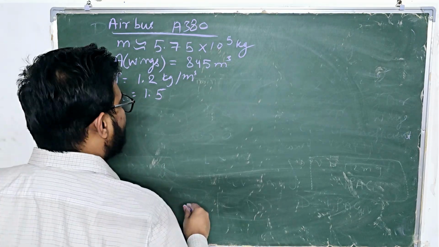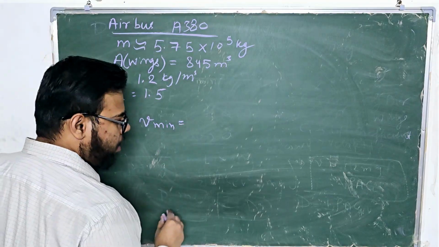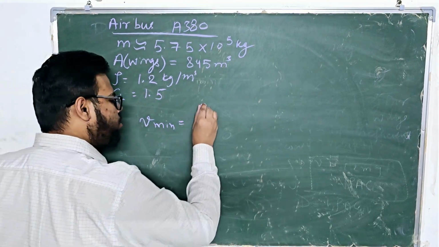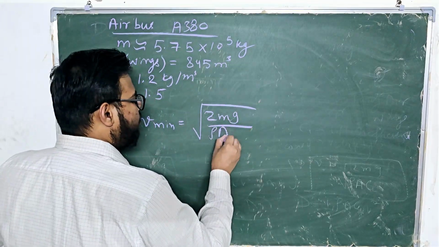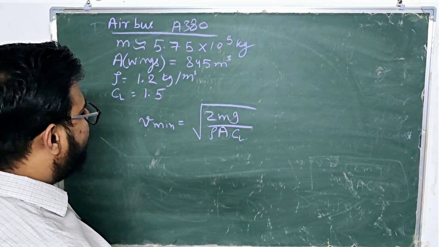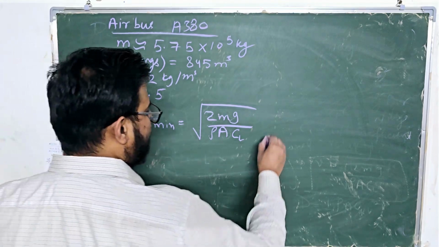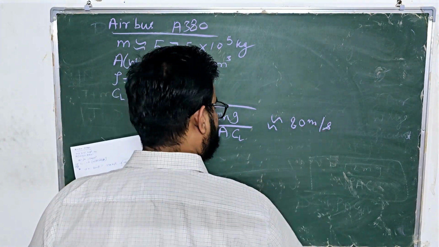So we had got the expression that velocity minimum should be the square root of 2 mg by rho A C_L. So just substitute the values, and when you substitute you get around 80 meter per second.